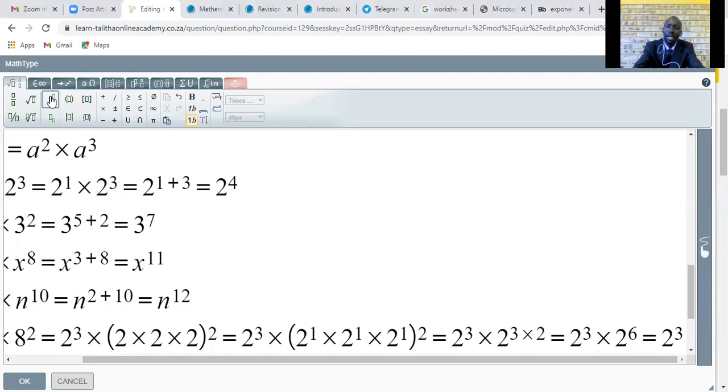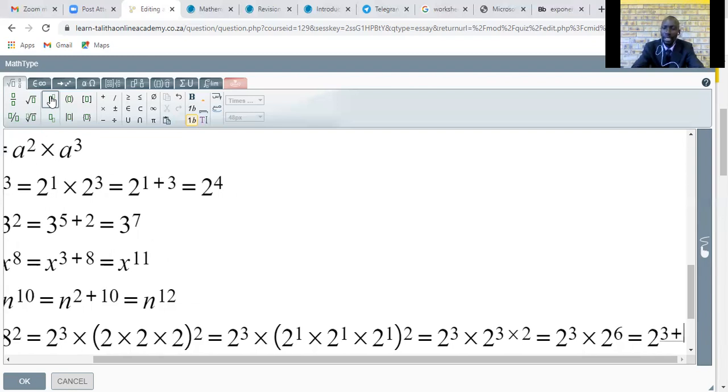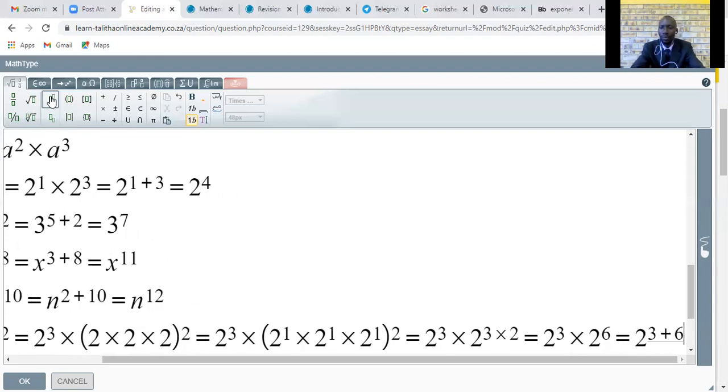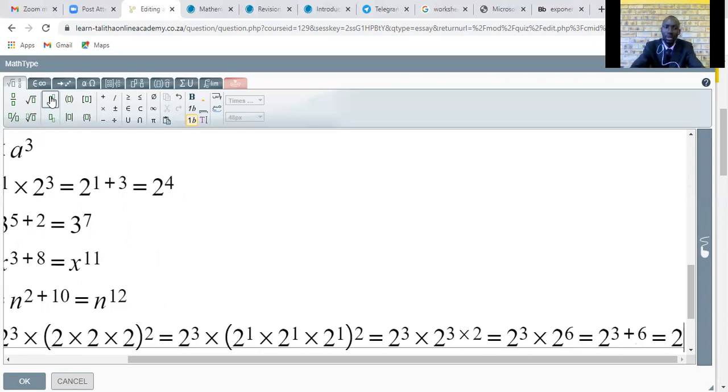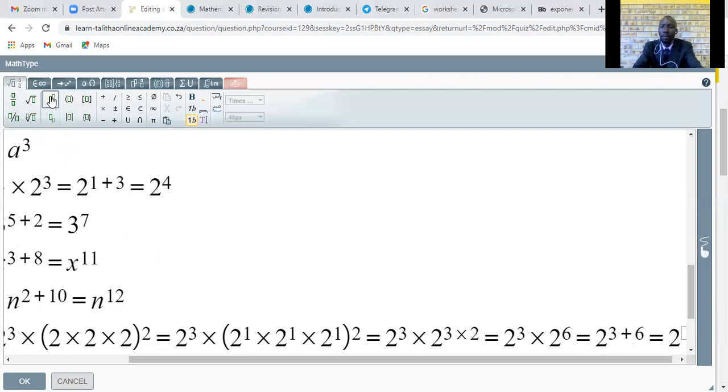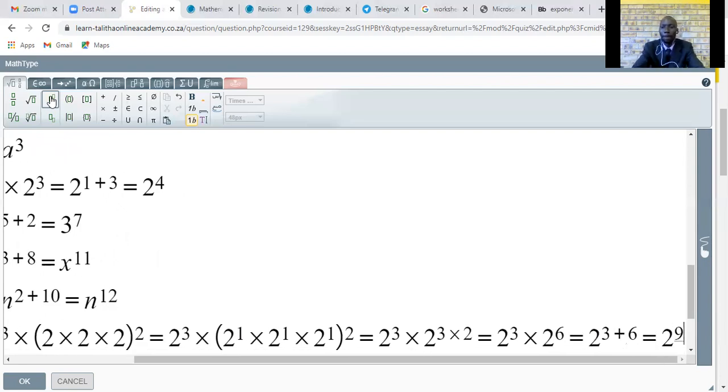This time we will be adding the exponents. That is 3 plus 6. So that the final value will be 2 with exponent of what? With exponent of 9. So this is a step which you don't want to miss. And it's a very important step.